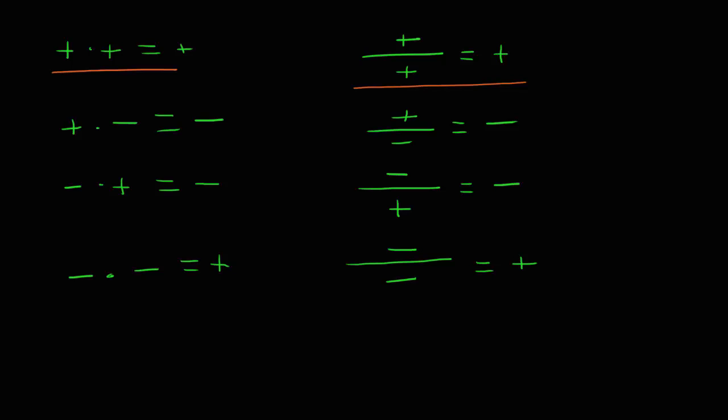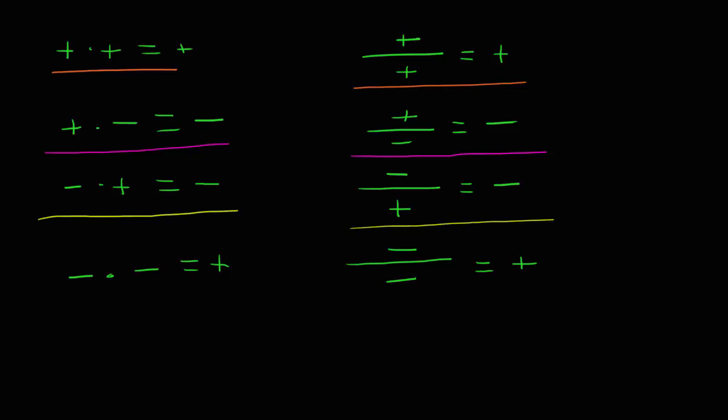A positive times a negative is a negative, and a positive divided by a negative is a negative. A negative times a positive is a negative, a negative divided by a positive is a negative, a negative times a negative is a positive, and a negative divided by a negative is a positive. So the rules are the same.